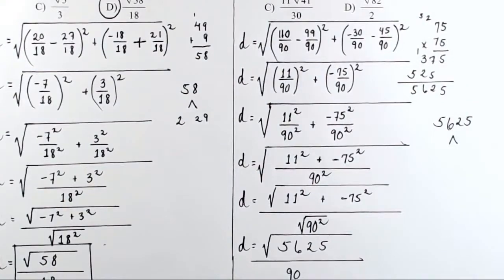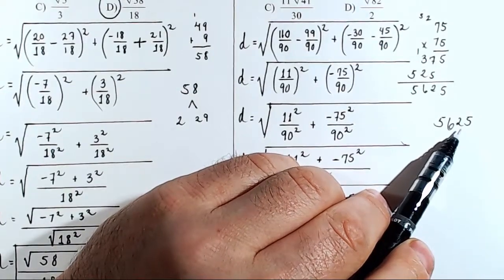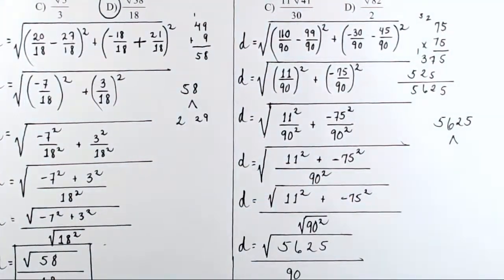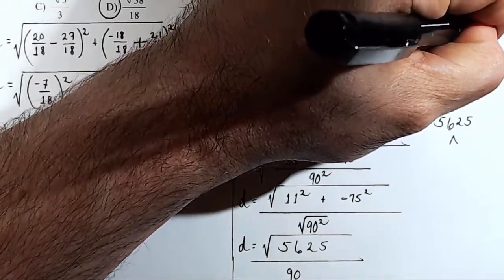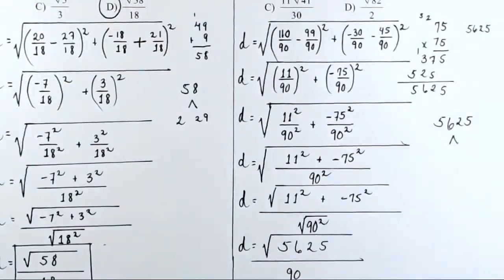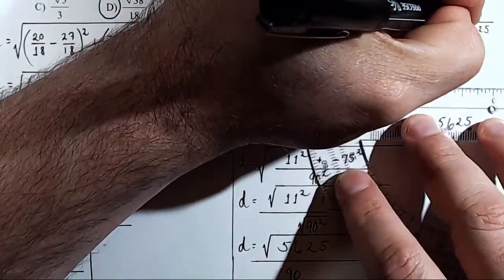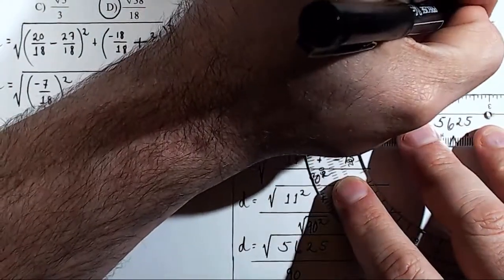Let's see if it's divisible by 3. 5 plus 6 is 11, plus 2 is 13, plus 5 is 18. It is divisible by 3. I wouldn't have guessed that. I know the temptation is to divide by 5, and that would be fine, but we're going to divide by 3 first.